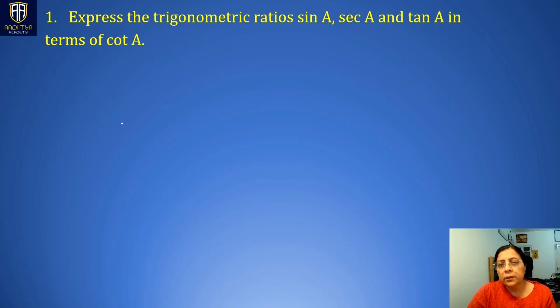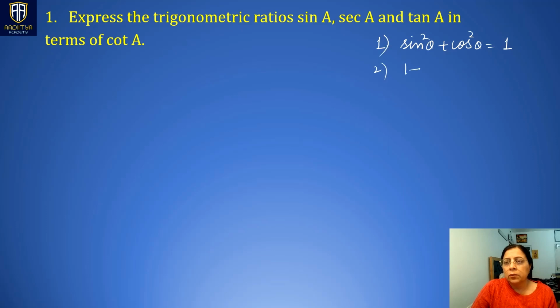Now the first question is, express the trigonometric ratios sin A, secant A and tan A in terms of cot A. Before starting this question, let me tell you the basic 3 identities that we can use as the standard results. As we use theorems in geometry, we have 3 basic identities: sine square theta plus cos square theta is equal to 1.